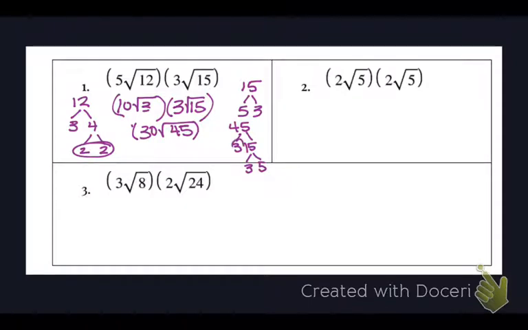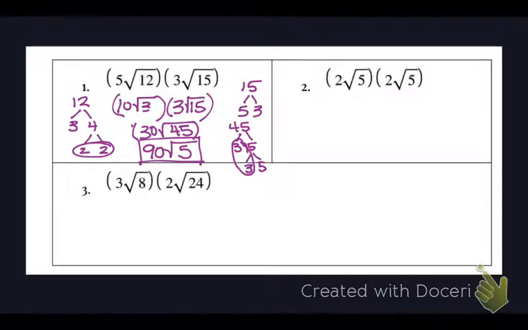So see, that's where we have our pair of 3. So that's why we said we want to make sure we go back and check. So the 3 is going to come to the outside and be multiplied by the 30. So 30 times 3 is 90, and then under the square root we have 5 left over. So the simplified answer would be 90 times the square root of 5.